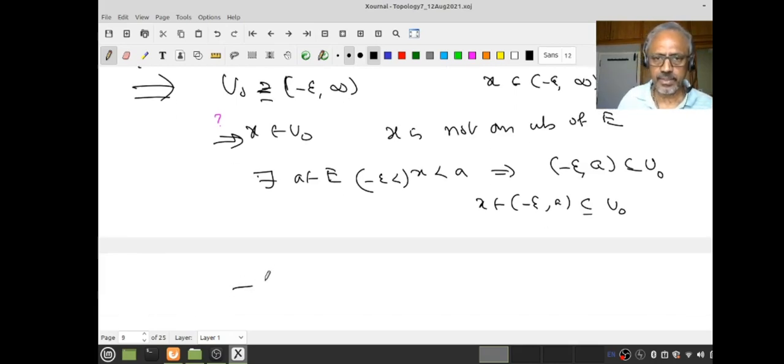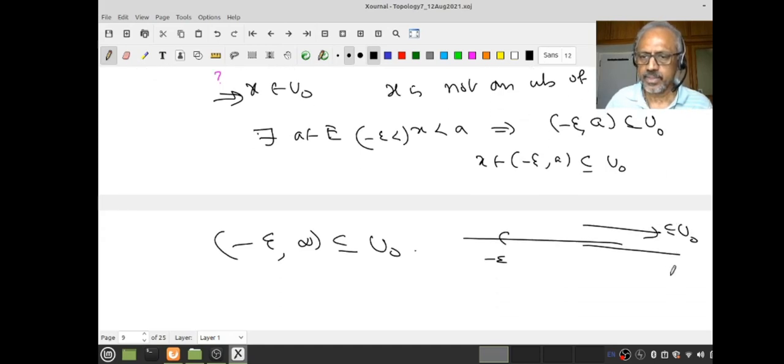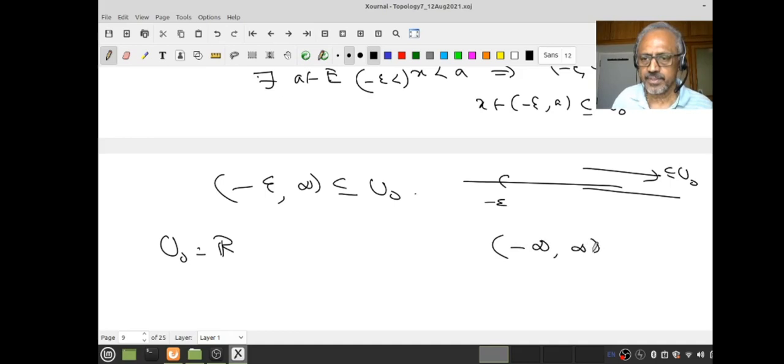I have concluded the interval minus epsilon to infinity is contained in u naught. Now what is it that I have to prove? I wanted to prove u naught is all of R. That means I have to prove minus infinity to infinity equal to R.